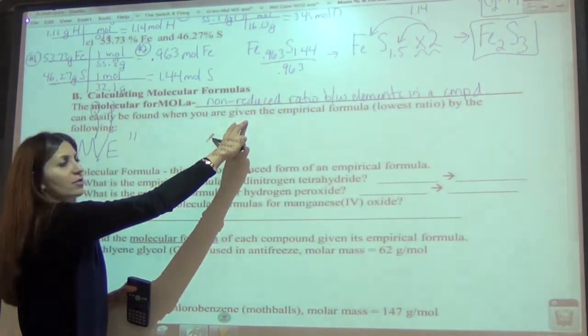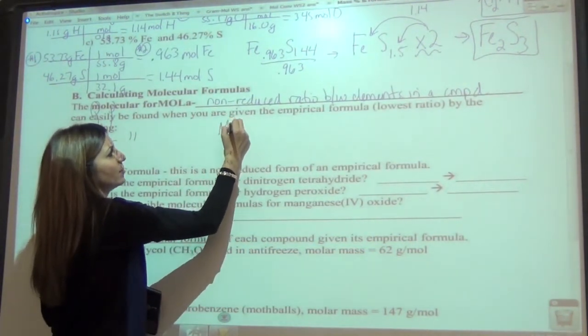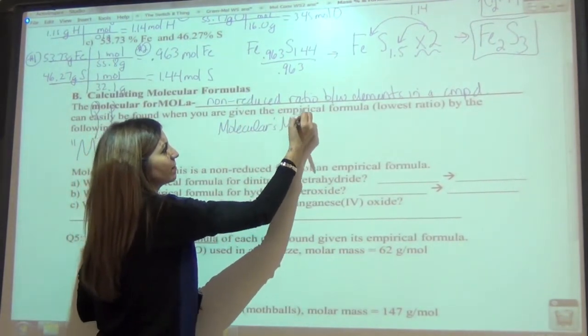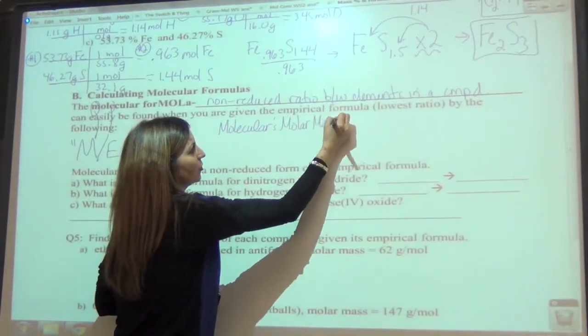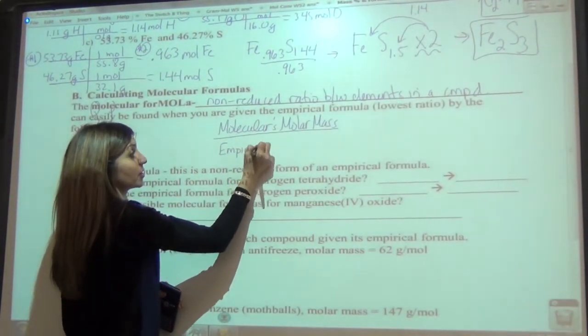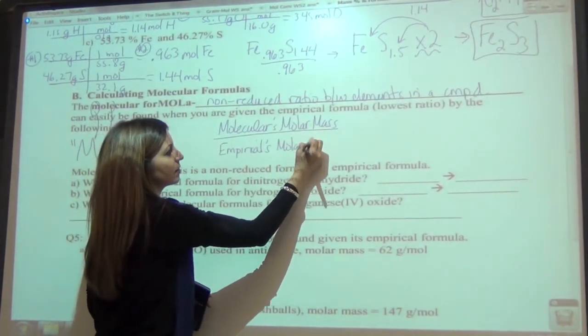We're going to start right in the middle, okay? So you'll see we're going to end up writing something over there. So you're going to take the molecular's molar mass. You are going to divide it by the empirical formula's molar mass.